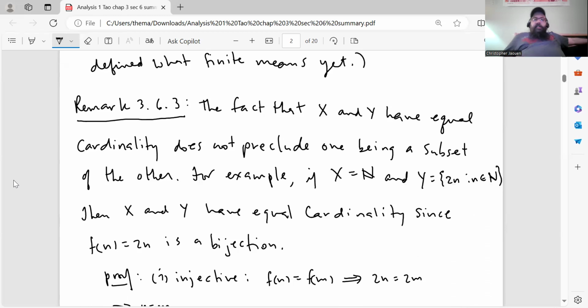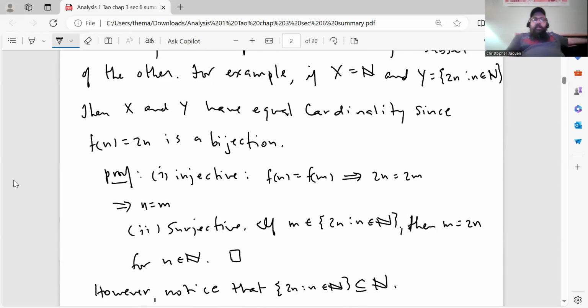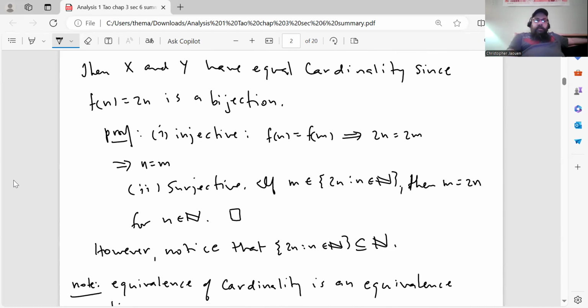Right, in remark 3.6.3, the fact that X and Y have equal cardinality does not preclude one being a subset of the other. For example, if X is the natural numbers and Y is the set of even natural numbers, then X and Y have equal cardinality since f of n equals 2n is a bijection. And then he asks, why is that a bijection? So I just proved that it is down here.